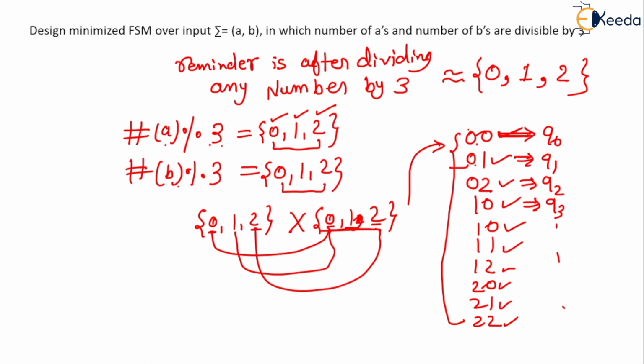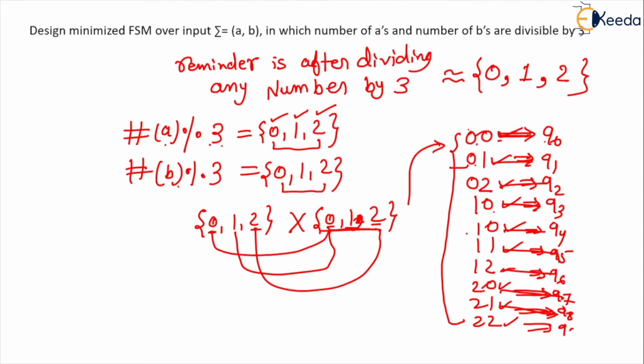We give the naming, 1,0 is q3, then q4, q5, q6, q7, q8. Got it? That is q0, q1, q2, q3, q4, q5, q6, q7, q8.